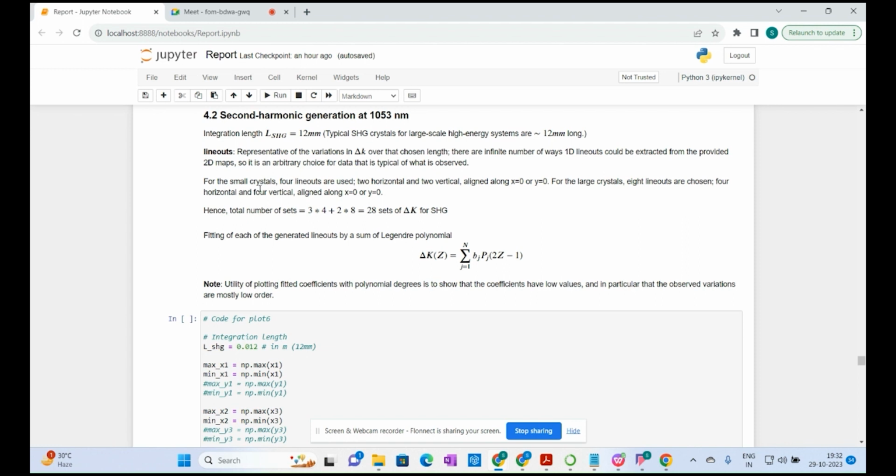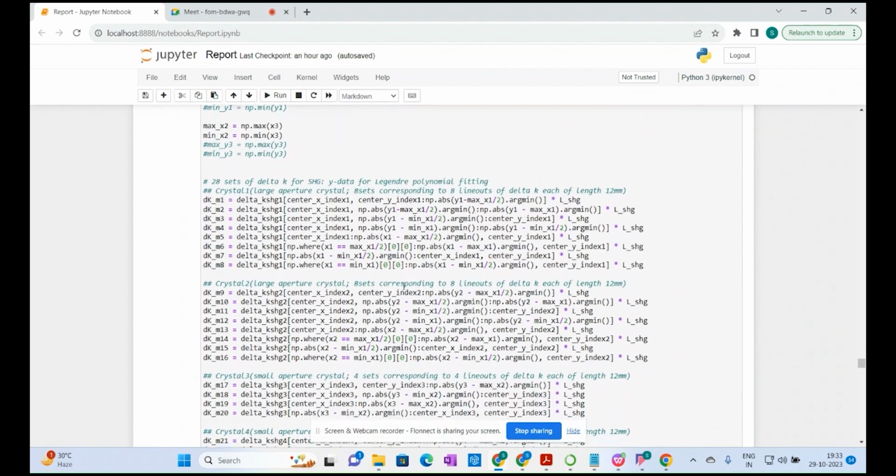Whereas for the two large aperture crystals, we have chosen 8 lineouts, 4 along vertical and 4 along horizontal, and that gives a total of 28 sets of delta K for SHG. Now, each of these generated lineouts is fitted by a Legendre polynomial of degree 10.